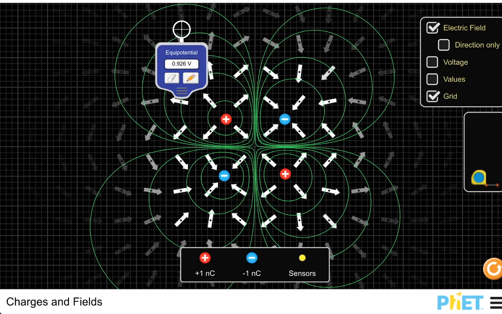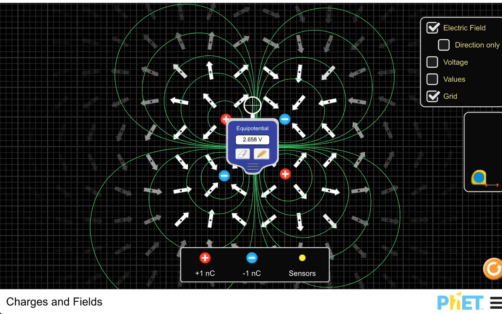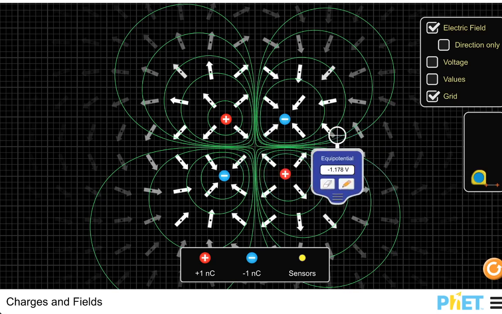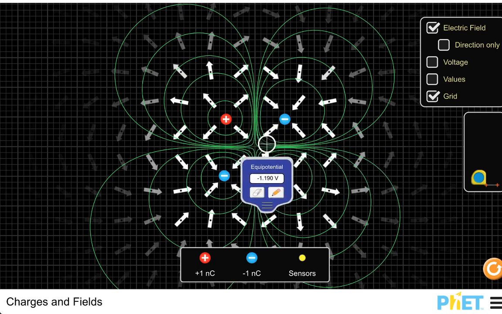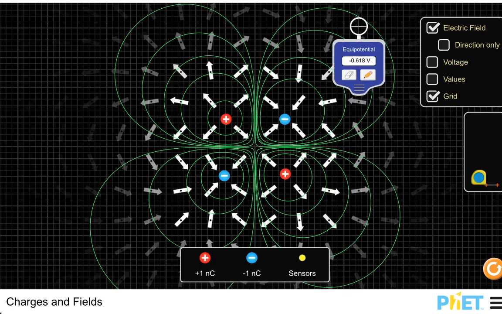Here, where the fields are strong, the potential is also changing quickly. The steepness of the rate of change from one potential to the next is very, very high. So where the field is strong, the equipotentials are close together. Where the field is weak, the equipotentials are further apart.